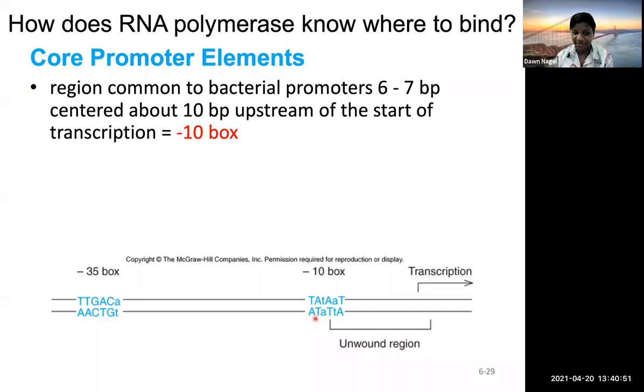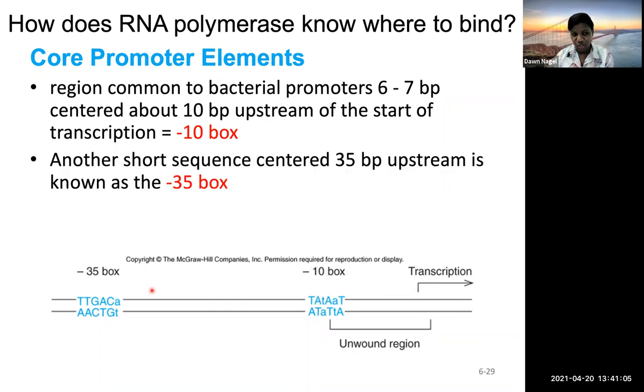Okay, so this -10 box, it's usually 6 to 7 base pairs. Here we're showing 6, highly AT rich, right? And it's bound here. Also, in addition, there's another sequence that's exactly -35 base pairs from the transcription start site. That is also important for recognition of that promoter.